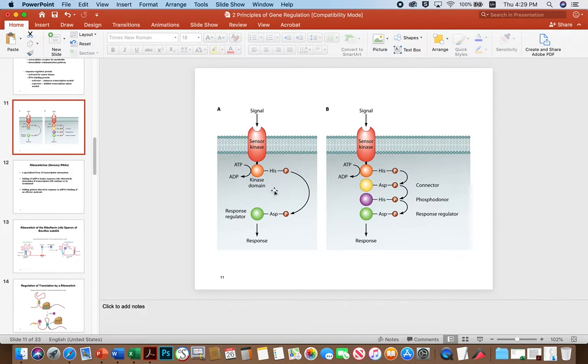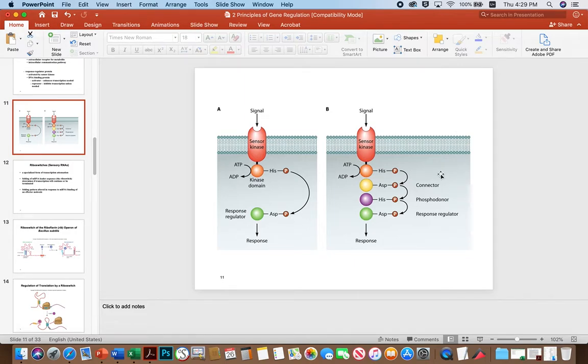In this hypothetical example, imagine a signal comes in and touches down here, which may trigger a phosphorylation event where a phosphate group from ATP is transferred to a key histidine, and then this kinase domain transfers the phosphate to a response regulator, specifically an aspartate residue, that elicits a response, either negative or positive gene regulation.